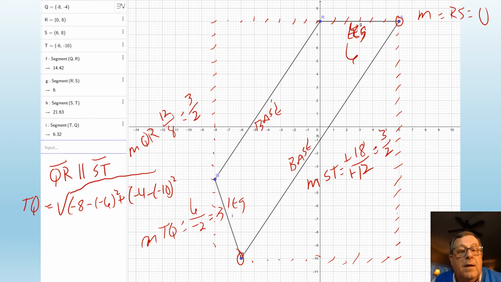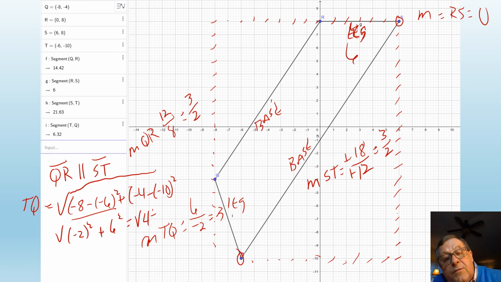Square root of all that. -8 minus -6 is -2 squared plus -4 plus 10 is 6 squared, which is going to equal the square root of 4 plus 36, or the square root of 40.